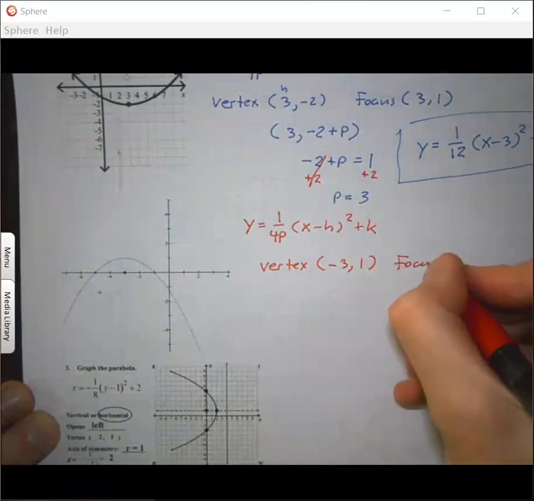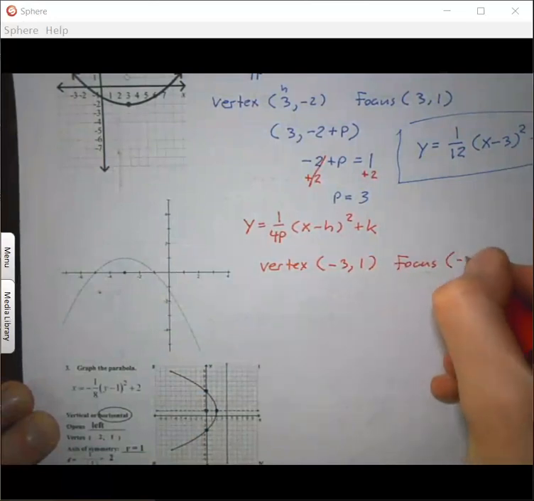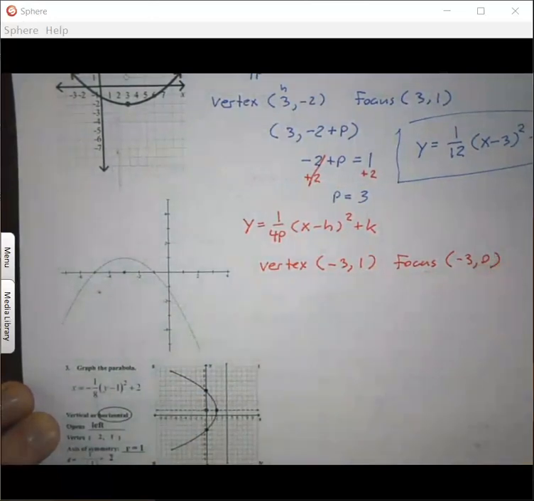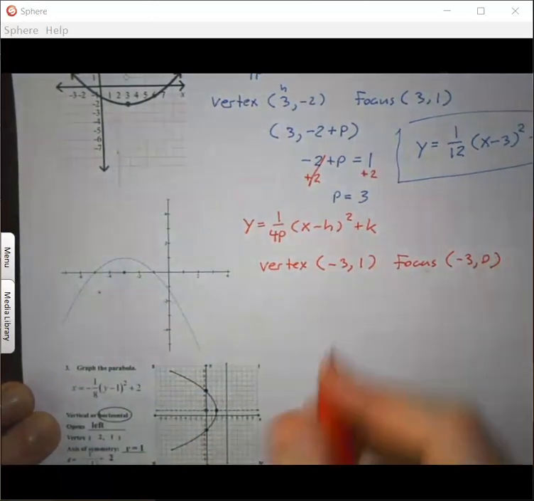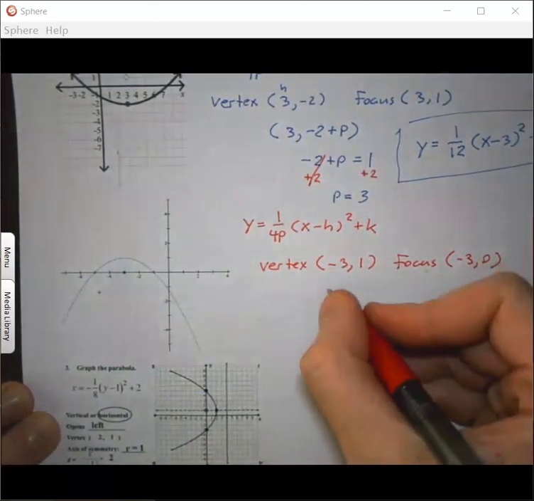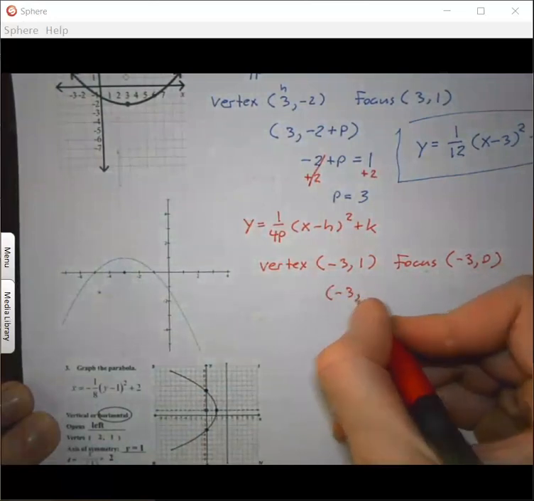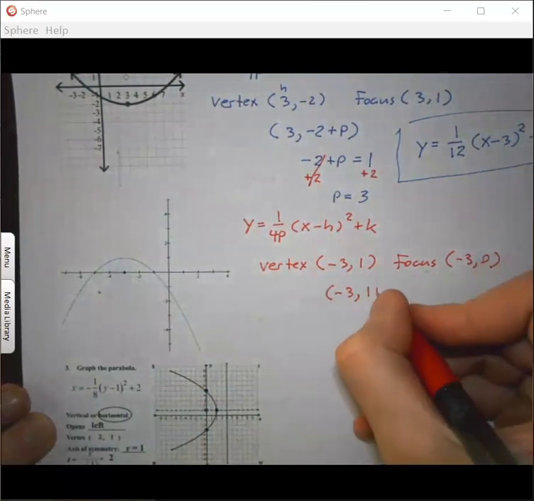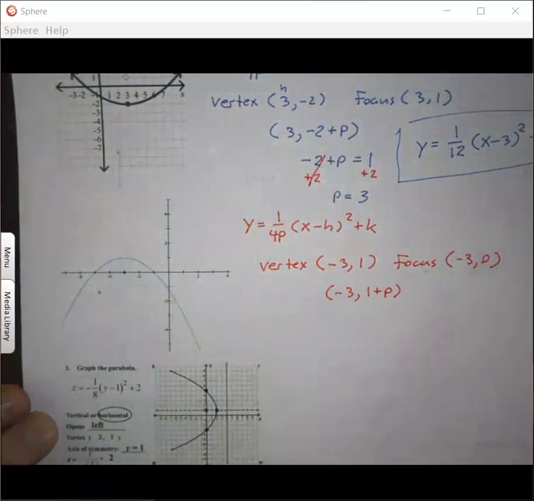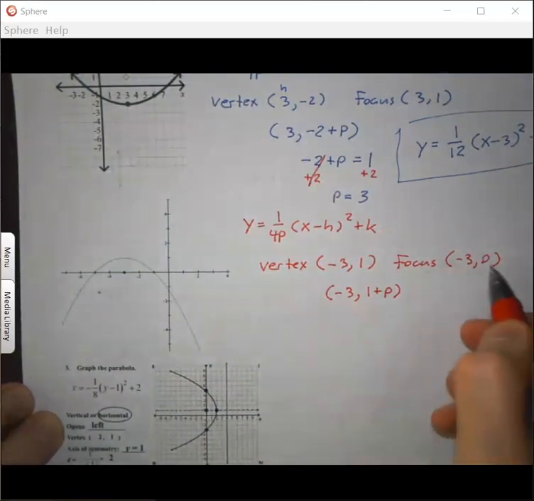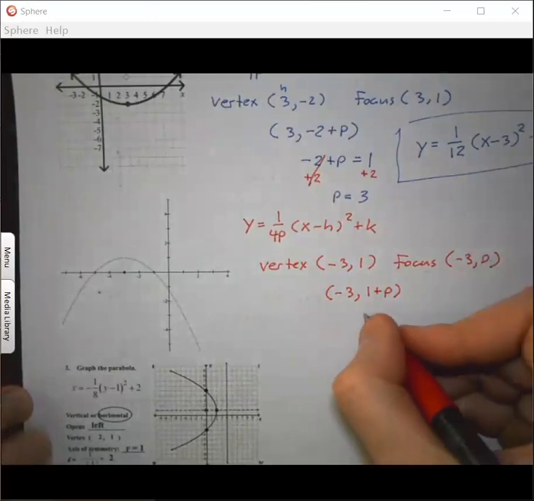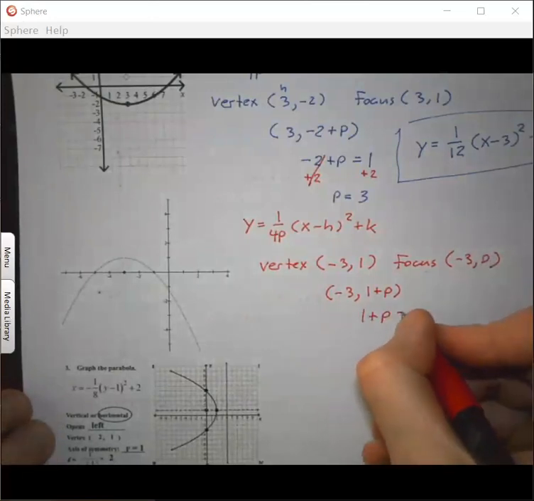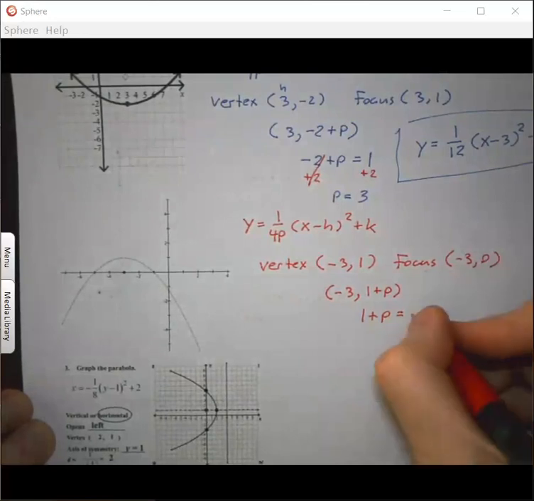Focus is minus 3, 0. Then to go from our vertex to our focus, we take our vertex, and we need to add some p to the y value. But again, we know where our focus is, so we know that 1 plus p must make the y value here be 0.